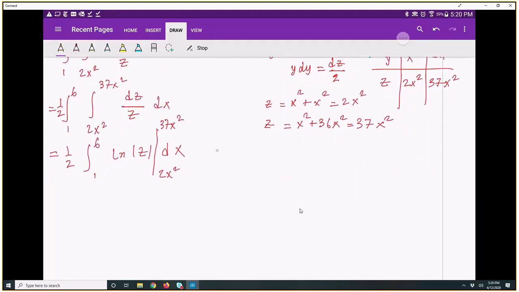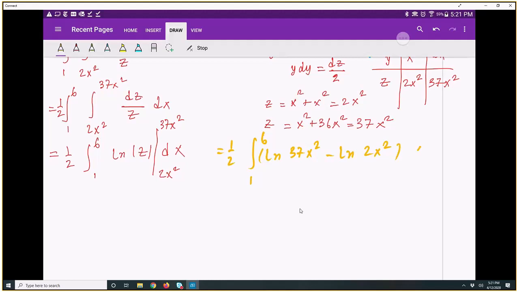which is 1/2 times integration 1 to 6 natural log of 37x squared. Because x squared is positive, I can forget about the absolute value sign, minus natural log of 2x squared. Similar reason, don't have to write the absolute value sign anymore.